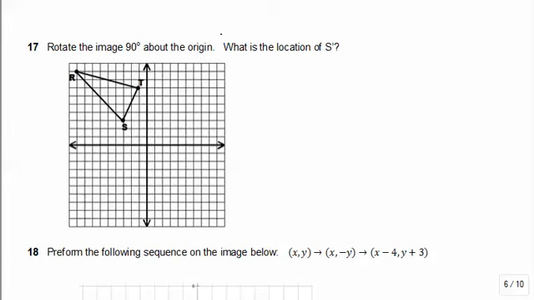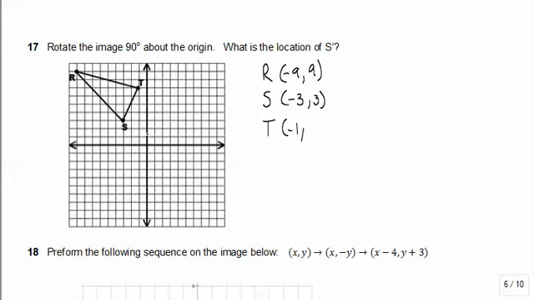Rotate it 90 degrees about the origin. So Q, R, S, T, the originals. 1, 1, 2, 3, 4, 5, 6. Negative 9, 9. Negative 3, 3.